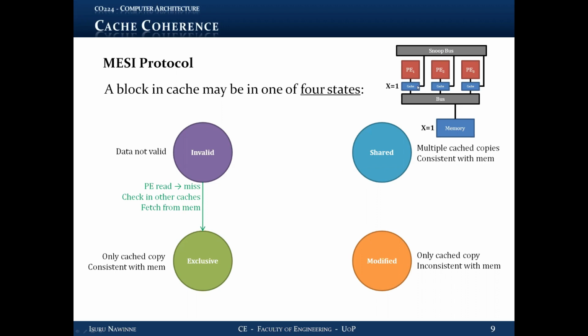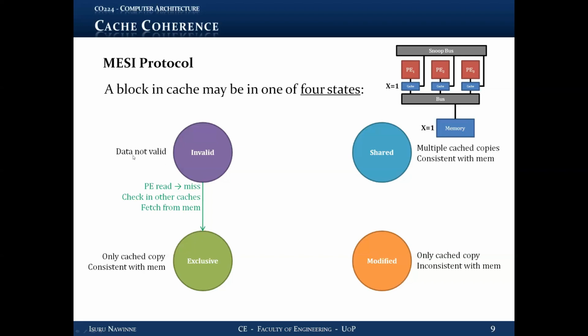So the cache controller of PE1 places a snoop read request on the snoop bus, and the others don't have that, so there is no response, or the response is negative. In that case, the cache controller will need to fetch the missing value from the memory. Memory has the up-to-date value. You fetch the missing value, right?